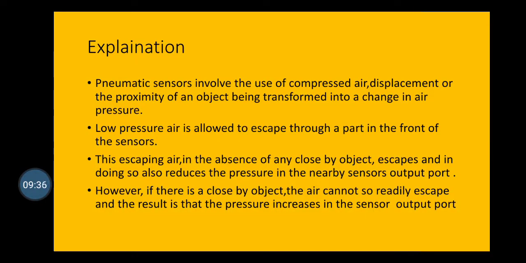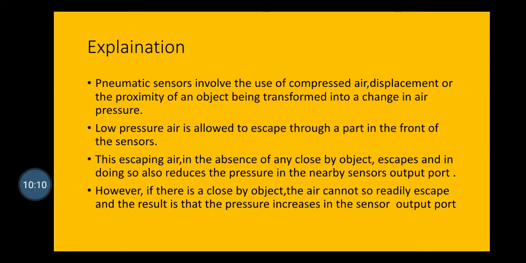Here the pneumatic sensor involves the use of compressed air, with displacement or the proximity of an object being transformed into a change in air pressure. Low pressure air is allowed to escape through a port in the front of the sensor.